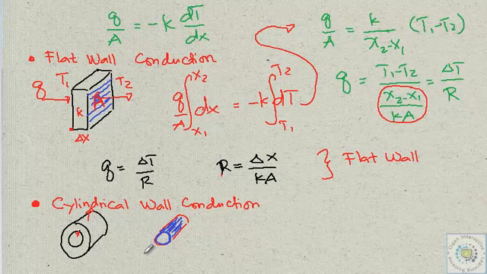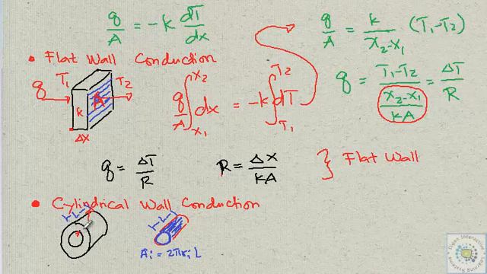We call that the inner area. In this case, the inner area is just equal to the circumference, 2 pi ri, times the length, which we can think of as length L.